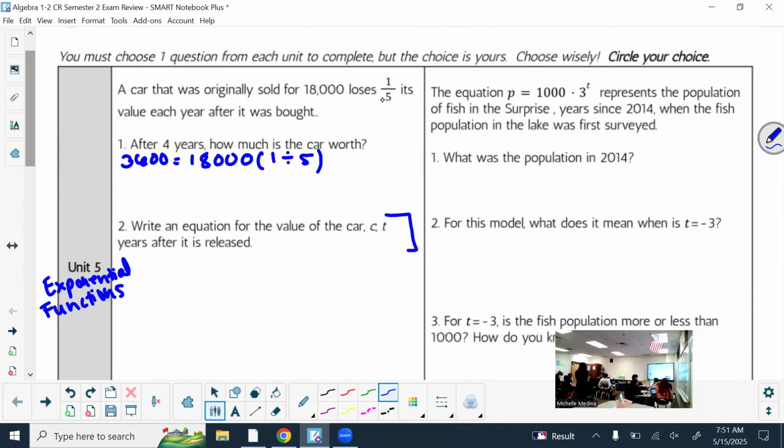It's losing 1/5 of its value each year after it's bought. So after 1 year, it's gonna be whatever 18,000 minus 3,600 is. I'm gonna do that off to the side. I hope you can do that type of math in your calculator without me needing to show you that part.